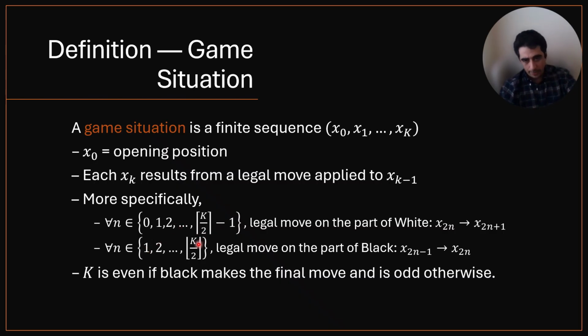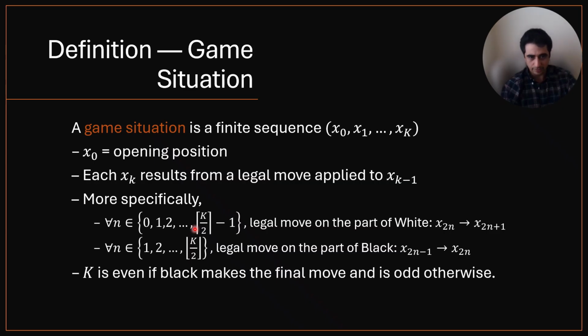I put them in a way that they make sense, assuming that white is going to make the first move and capital K is the index of the last position in the game. I don't want to get into details of it, but you can try it yourself. Replace the capital K with some number, and you can check that these ranges for n make sense.